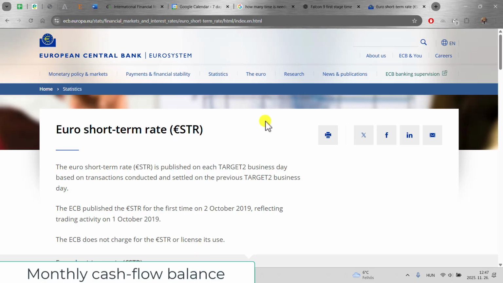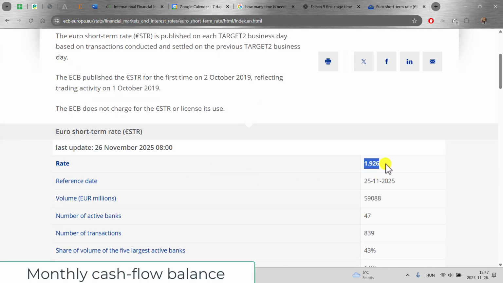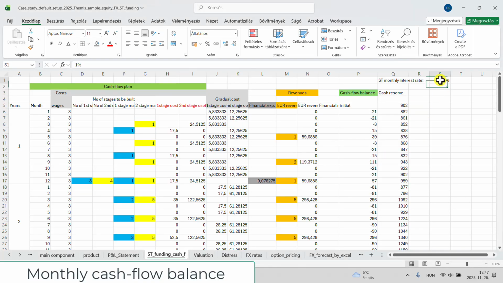So the euro short-term rate is for the banking system. If they are giving half of it to us, then this one is already enough. So even if it increases or decreases, it's still robust against changes. So this will be interest revenue, from money that was unused.